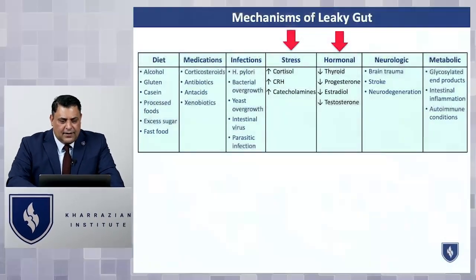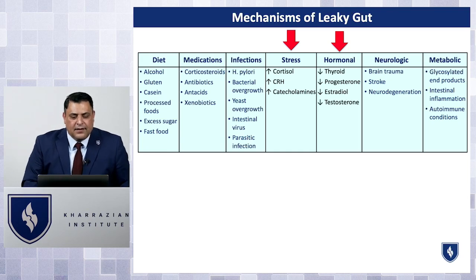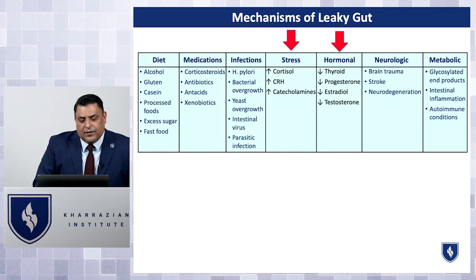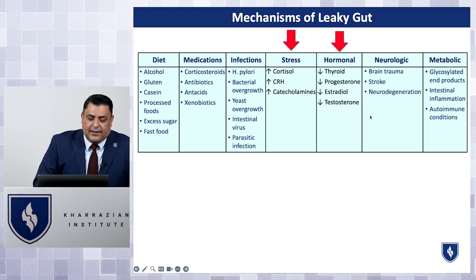Here you can see leaky gut. This is something we talked about in the Cross-Institute GI course, as we talked about all different mechanisms that impact leaky gut. But lack of any hormone, thyroid hormones, progesterone, estradiol, testosterone, is going to make it very, very difficult to regenerate the lining of the gut.